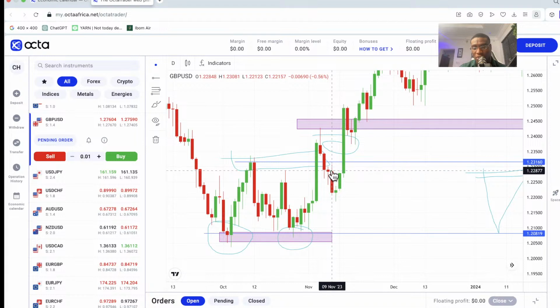Now, if you're the kind of trader that gets in early at markets, you get in here and then you get stopped out, and the market starts to move in your direction. I know sometimes we experience that, mostly beginner traders. You just get into a trade, the market stops you out, and the next thing, it continues to move in your initial direction. It happens. How you can avoid that is to always wait for confirmation.